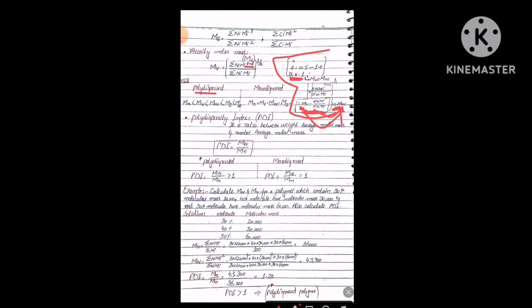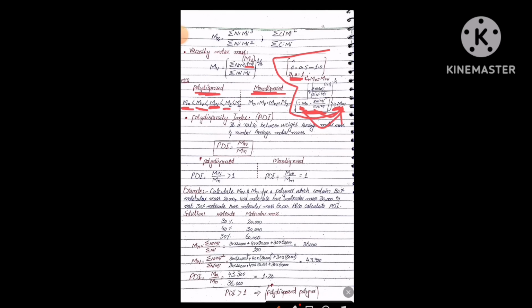Next, polydispersed polymer and monodispersed polymer. The sequence of the units in which we can measure the molar mass looks like this. In polydispersed polymers, number average molar mass is less than viscosity molar mass, which is less than weight average molar mass, which is less than sedimentation equilibrium molar mass, and Mz plus 1, and so on.